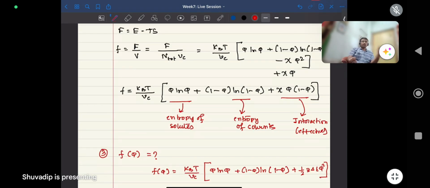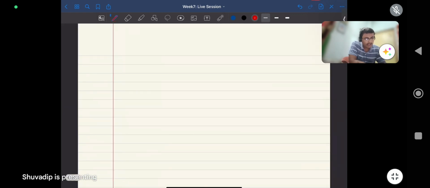Any question here? Now, if we have the free energy density term, from that we can calculate the first derivative f prime of phi, f double prime of phi, and f triple prime of phi.